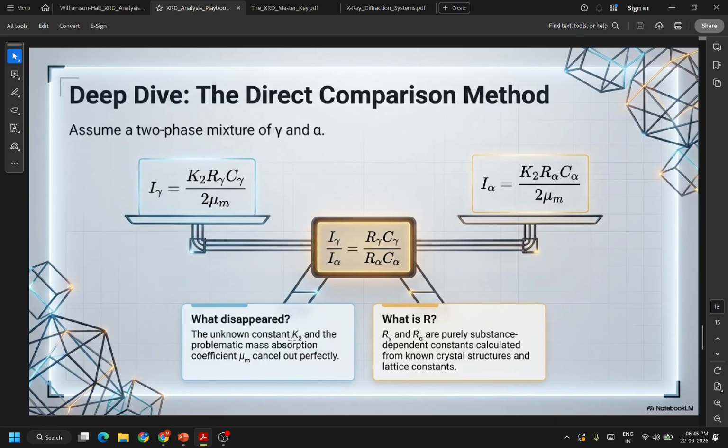So your mass absorption coefficient and your constant K both disappeared on dividing, because they are common for both phases. But we here have a new term called R. R_γ and R_α are purely substance-dependent constants, which are calculated from known crystal structures and lattice constants. So they are predetermined for a particular phase or material.